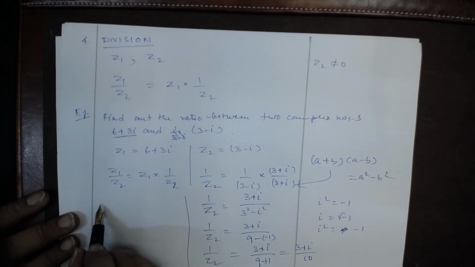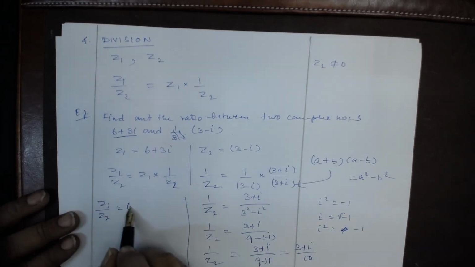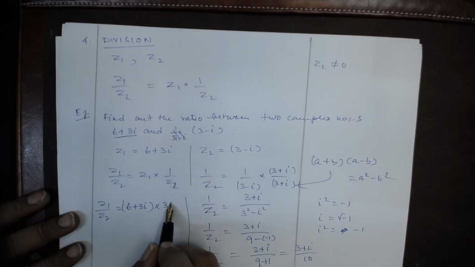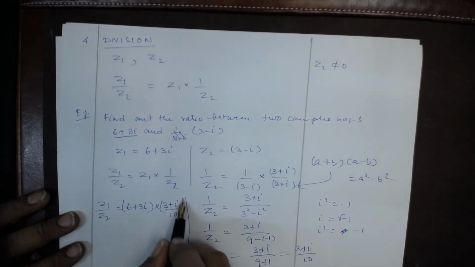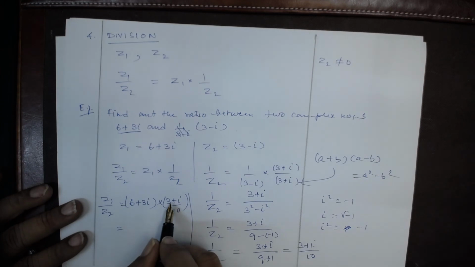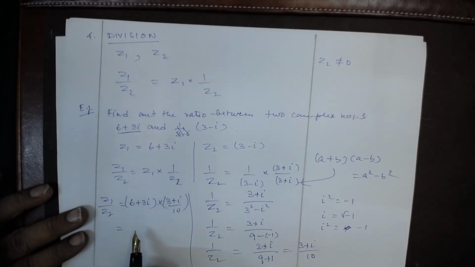Now you have z1 by z2. So z1 is 6 plus 3i and 1 by z2 is given here. You can replace this by 3 plus i by 10. Are you able to follow? Okay. And now you can multiply this 6 plus 3i and 3 plus i.